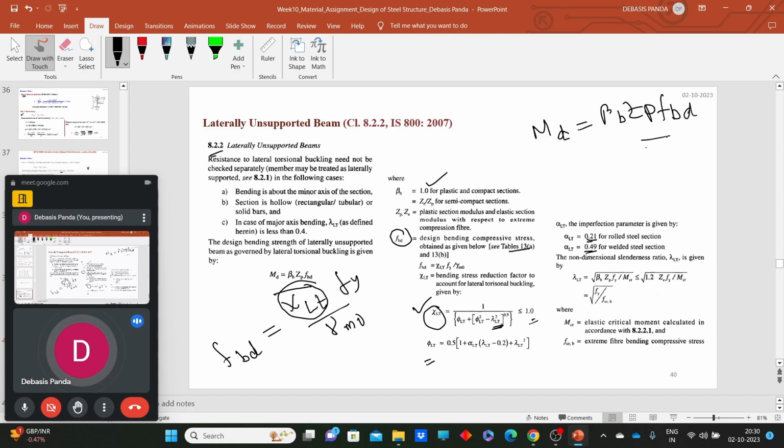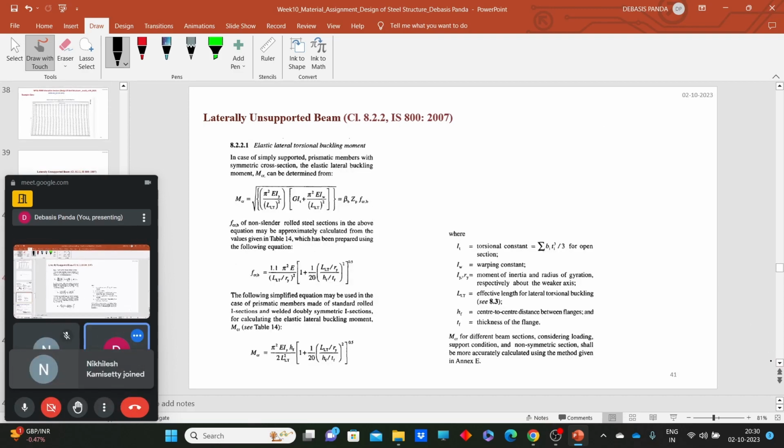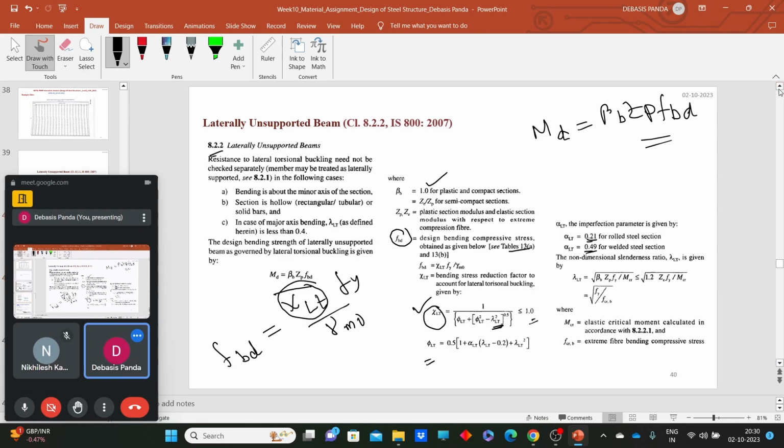Okay, so let's quickly solve one more example so that these concepts will become clearer. Here we can see that different kinds of Mcr value we can calculate. To calculate the lambda_LT value, you need to calculate the value of Mcr. What is that Mcr value? It is nothing but the elastic critical moment.